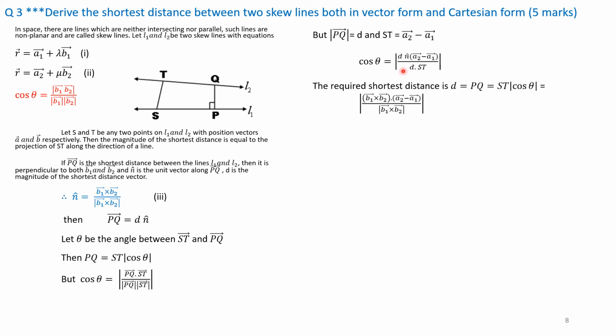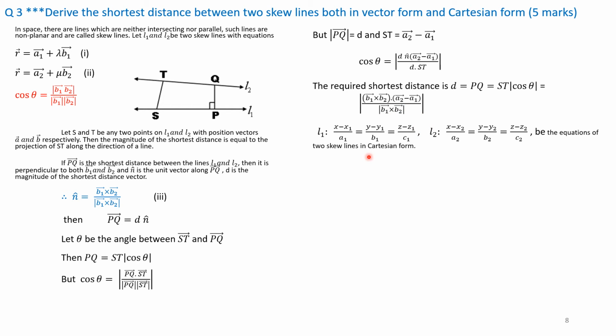We are left with n cap into the vectorial difference A2 minus A1 divided by mod of ST. Therefore, n can be written as B1 cross B2 divided by mod of B1 cross B2, that is from equation 3. This is the value of n into A2 minus A1 as it is. Therefore, that is the shortest distance.